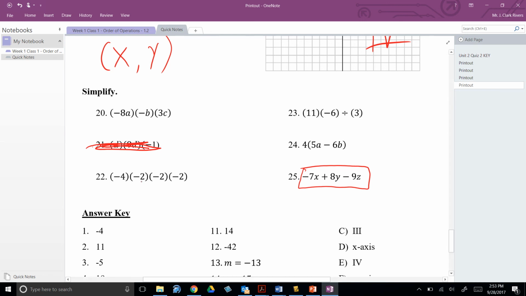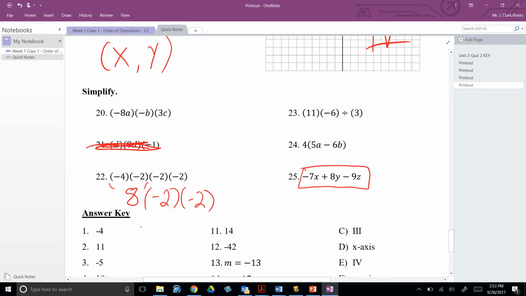Number 22. Negative 4 multiplied by negative 2 multiplied by negative 2 multiplied by negative 2. I'm only going to multiply one at a time here, or 2 at a time, excuse me. So negative 2 times negative 4 multiplied by negative 2. Negative times a negative is a positive 8. All right, we're going to multiply by negative 2 and multiply by negative 2.